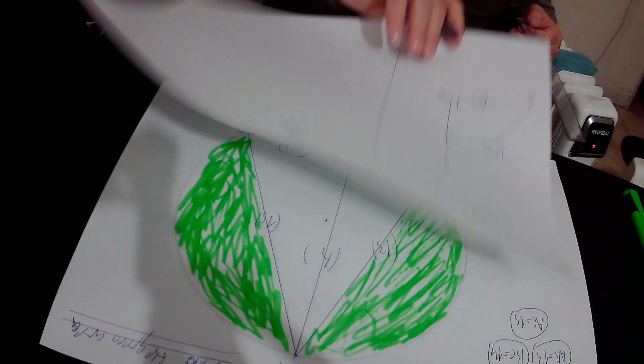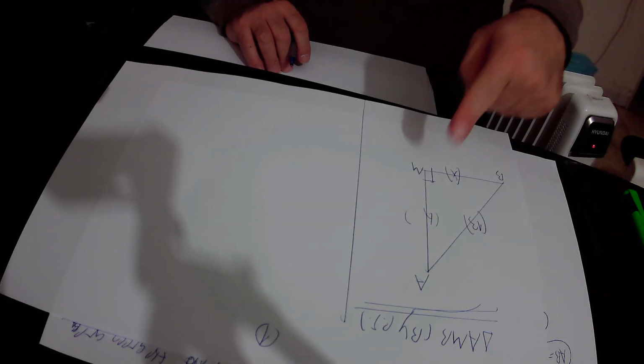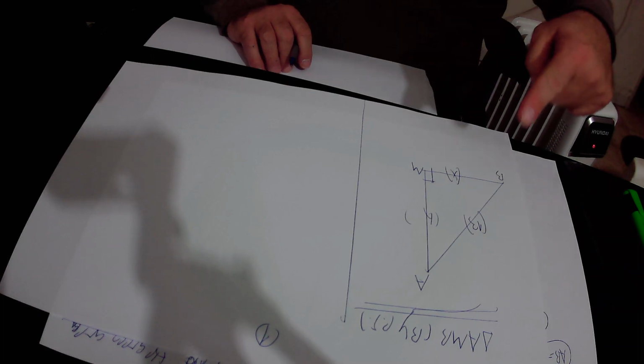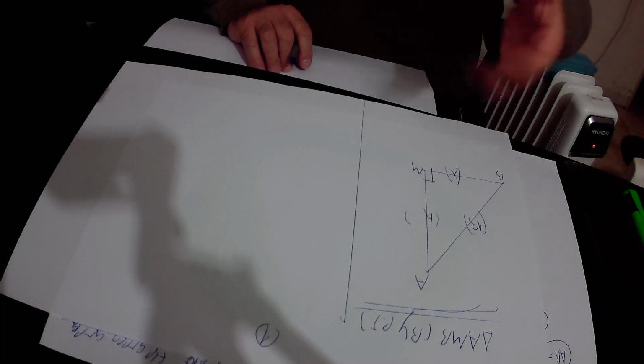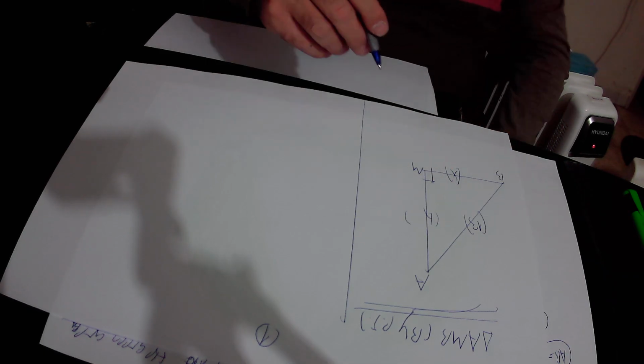So actually, this is the right triangle AMB that I copied from the original drawing. AM equals H and BM equals X according to our definition. Side AB equals 13 units according to what is given in the question.